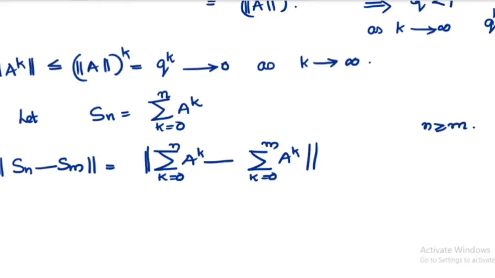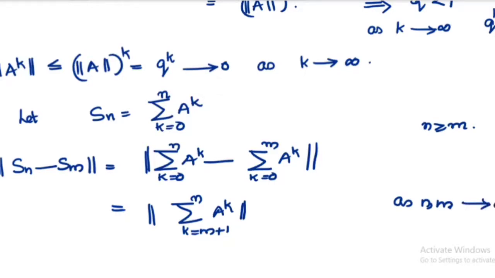Then this is equal to the norm of the sum over k equal to m plus 1 to n of A raised to k. Now as n, m tends to infinity, clearly this norm also tends to 0.